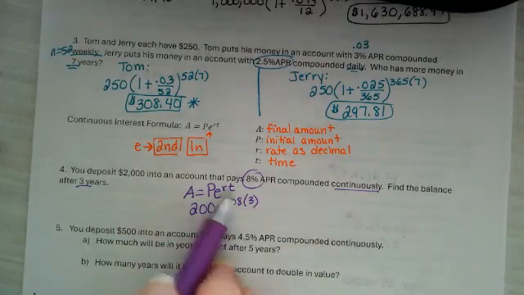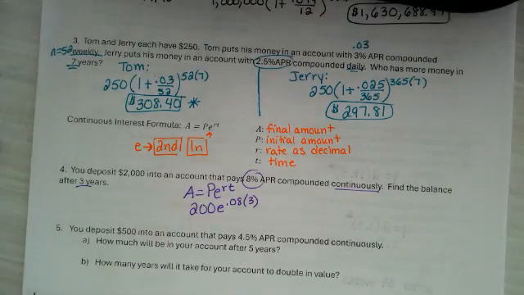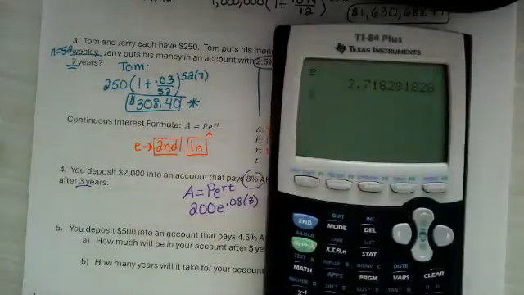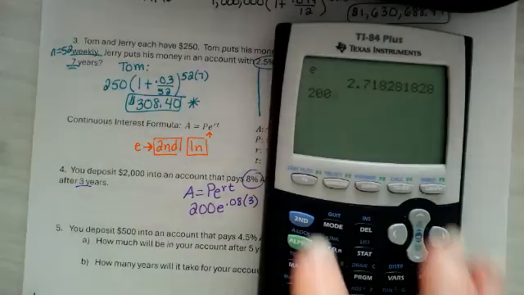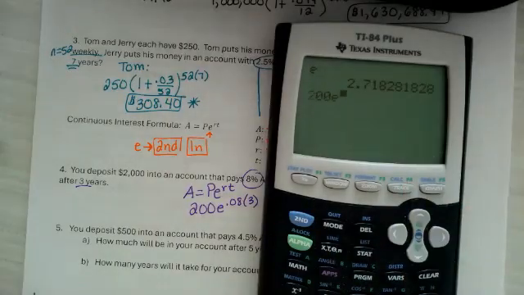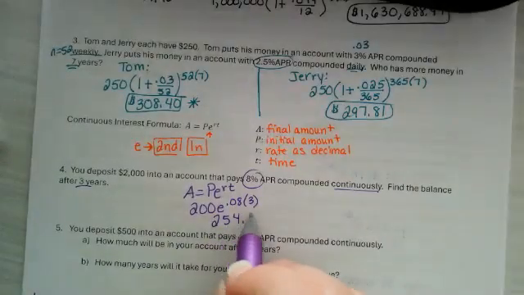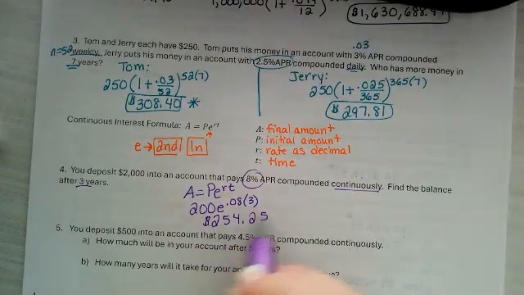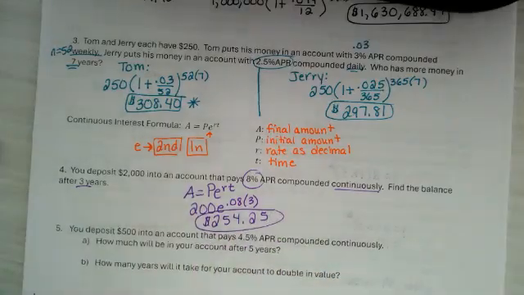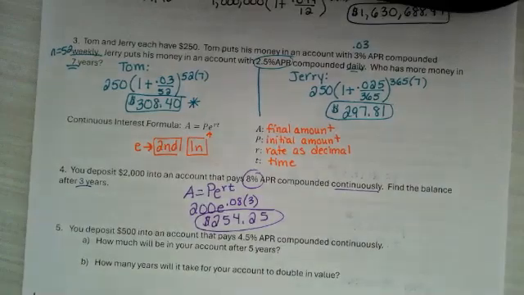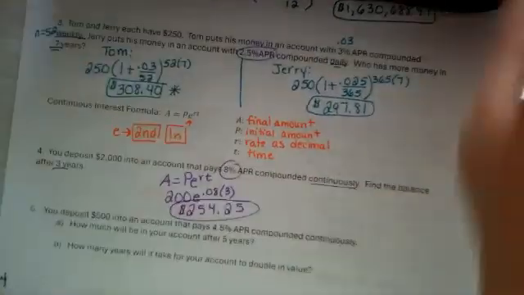So there's my rate, there's my time. And I just plug this into my calculator. So 2000, and I'm going to go second ln, e to the 0.08 times 3. And I have $2,542.25. So compounded continuously is even more than compounded daily. Compounds it a little bit faster.